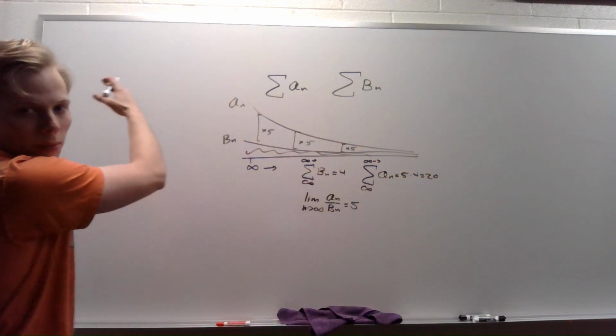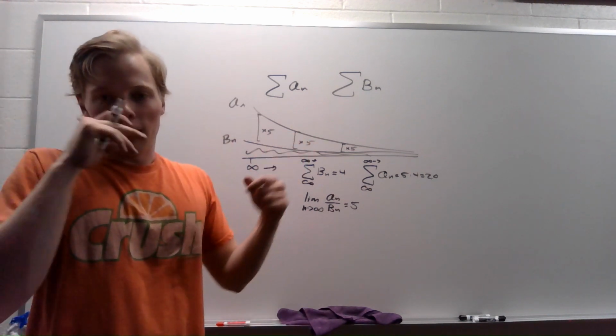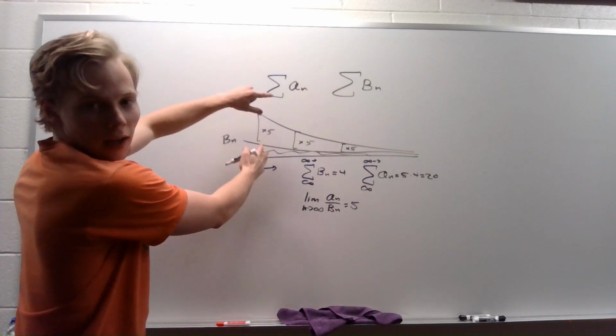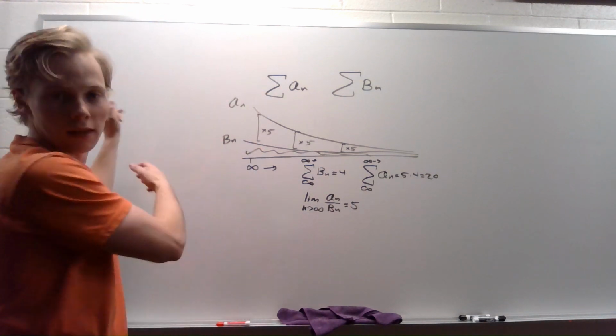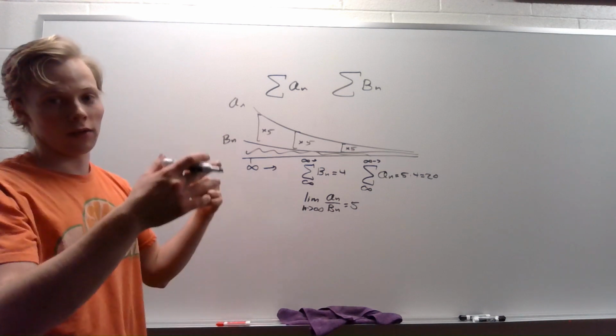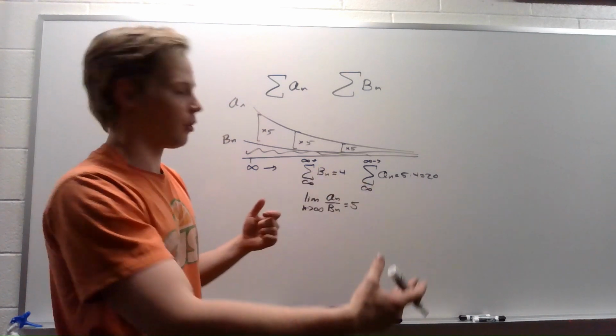However, before this point, A sub n might be like 1,000 times bigger than B sub n, but it doesn't matter because all of this, like on B sub n and A sub n, doesn't matter. Like this could be 100 quintillion. All that matters in an infinite sum is the end behavior. Does it eventually stop growing?